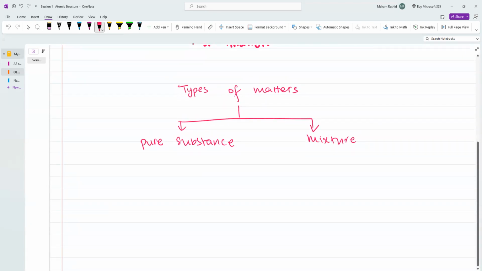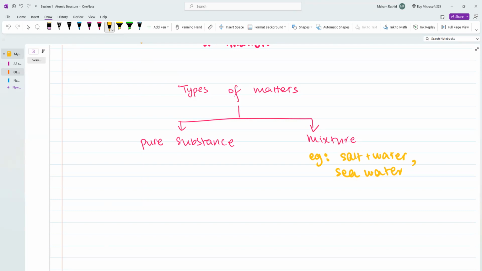What can be an example for a mixture? Salt and water. Yeah, salt and water, or maybe even seawater. The seawater contains impurities.